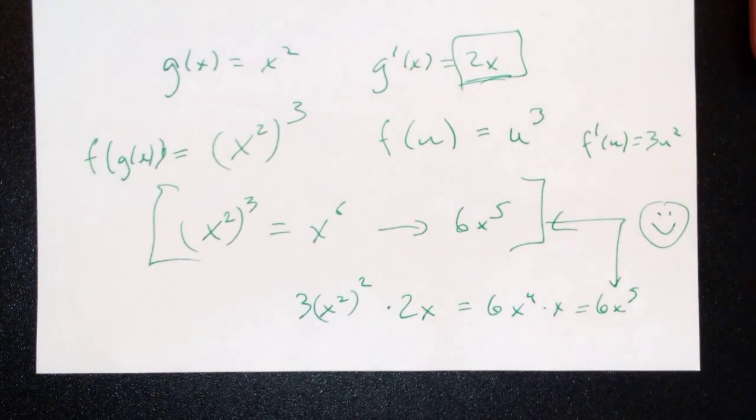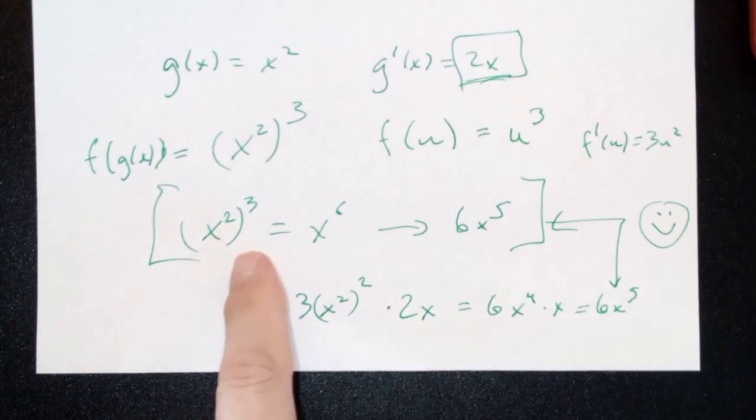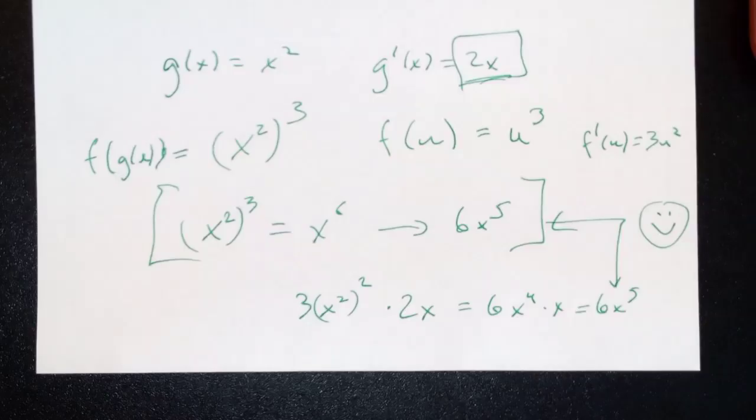Now, I'm the first to admit that if I saw x squared cubed, I would undoubtedly do it this way. Because power of power is easy, right? Here's your next thing to take the derivative of.